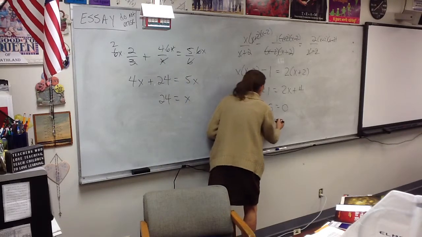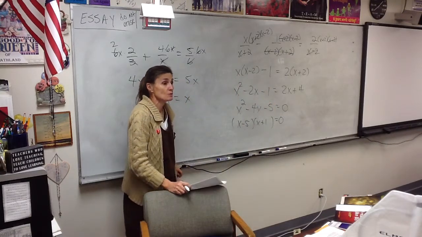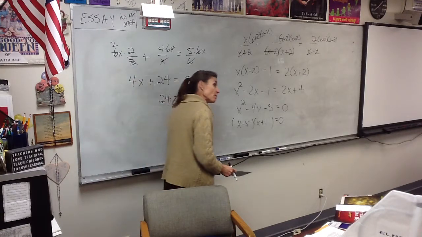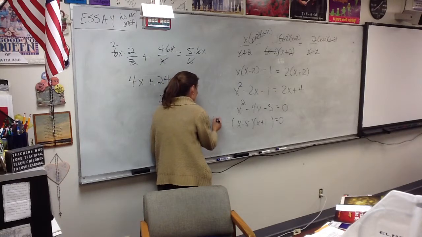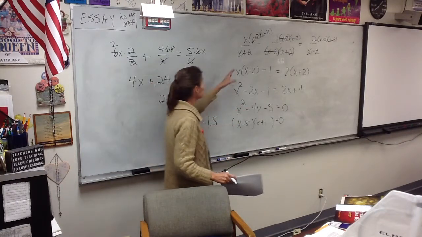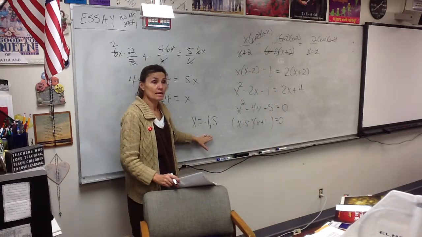Now, you don't have to factor it. If you'd rather use the quadratic formula, you can do that. But this does factor, which tells me that my answers will be -1 and 5. Now, I do want to check those, remember, to see if they're extraneous. They are not. So this time, I'm going to keep both answers.